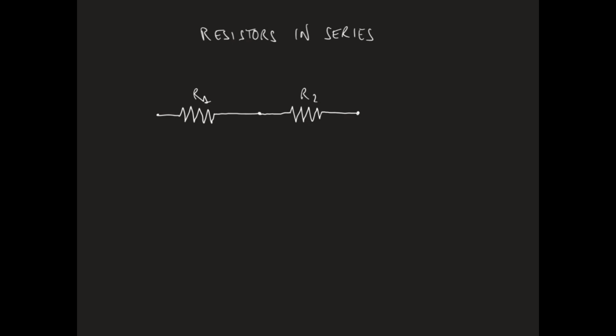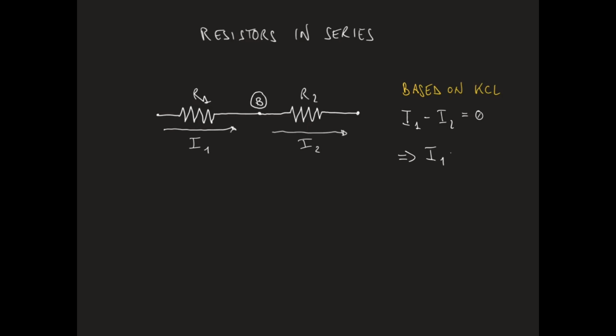Let us call this common node B. Let's define I1, the current flowing through resistor R1, entering node B, and I2, the current flowing through resistor R2, exiting node B. Based on Kirchhoff's law for currents, we can write that I1, current entering node B, minus I2, the current exiting node B, is equal to 0, from which we get that I1 is equal to I2.